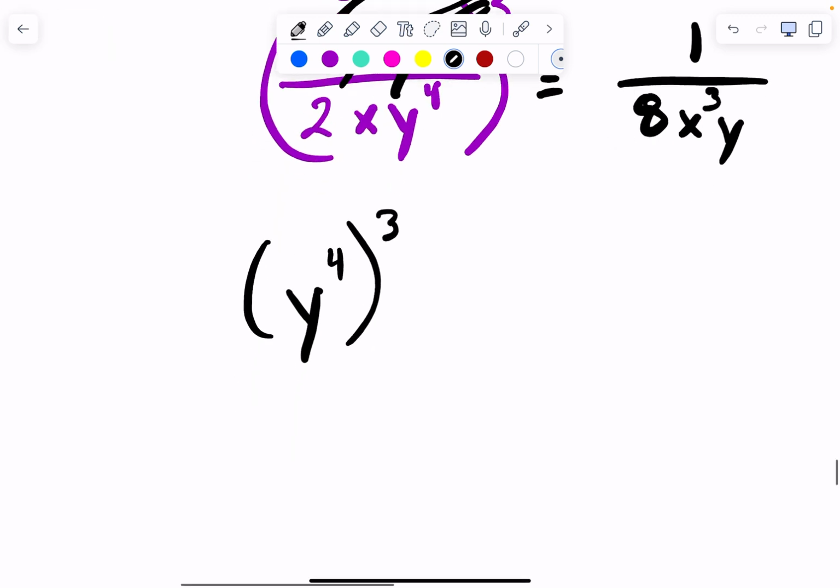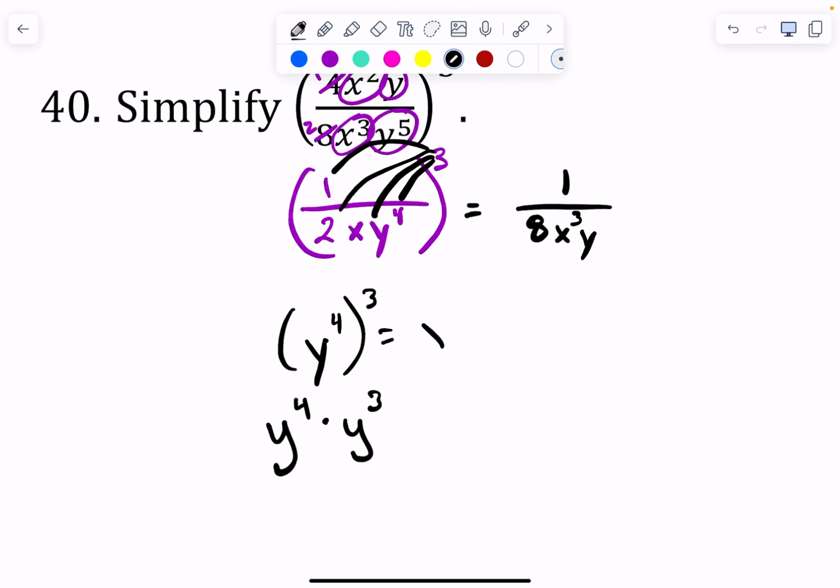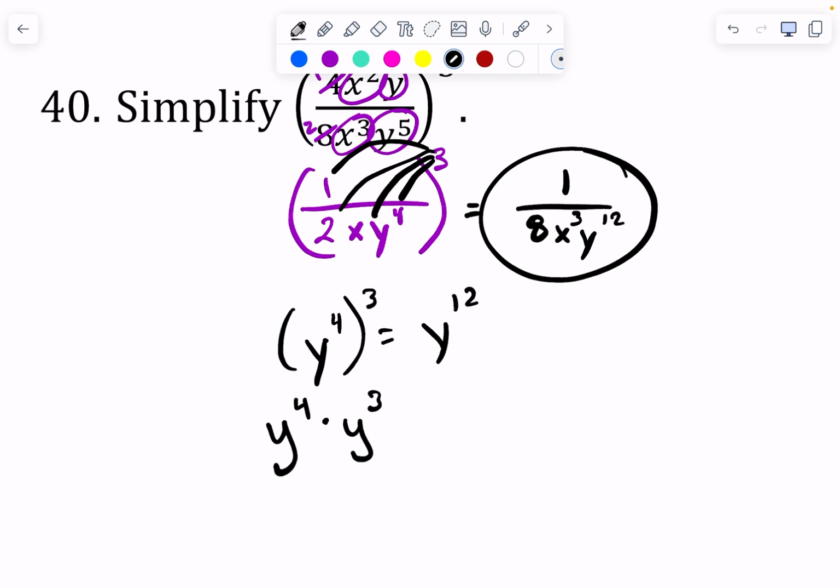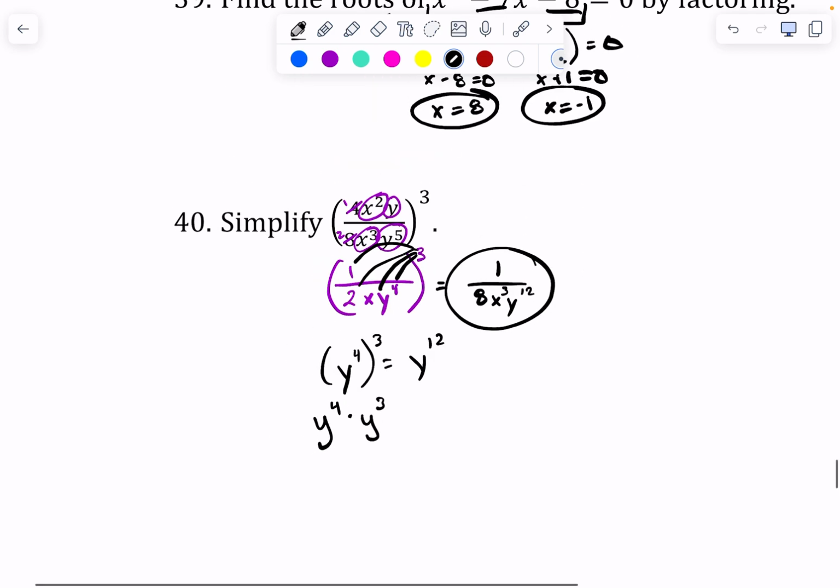Y to the 4th to the 3rd, or y to the 4th times y to the 3rd? Which one? It's 12. Okay? Good? That's all. Happy with that? Okay.